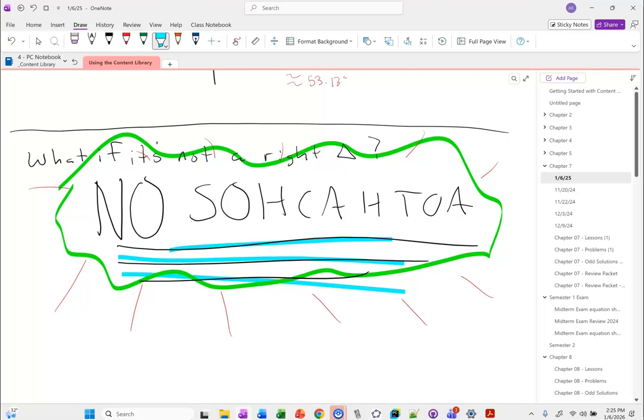Have I emphasized it enough? Right? What can't you do with a non-right triangle? SOHCAHTOA. What else can't you do if it's not a right triangle?